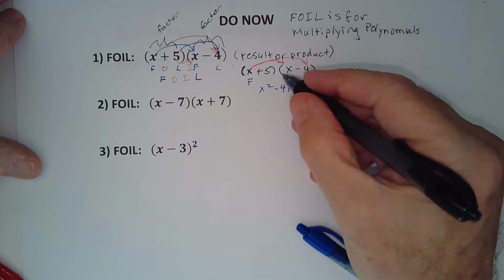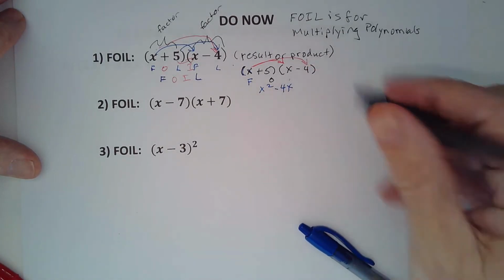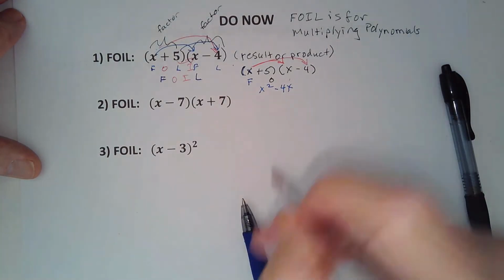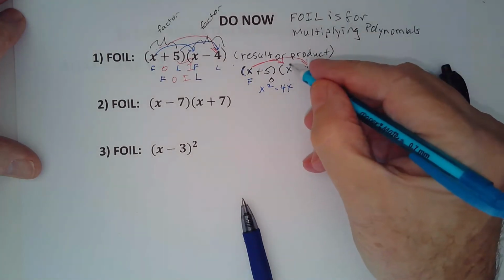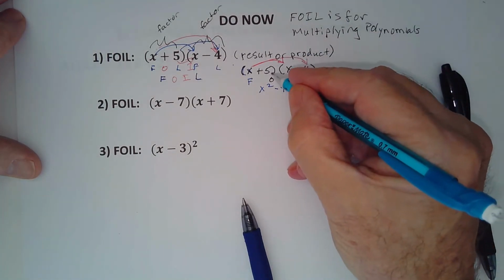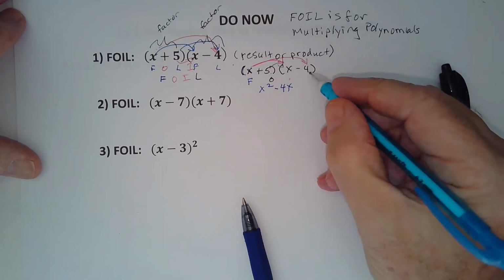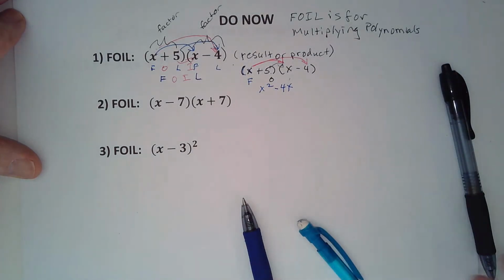And then inner to inner. So that's going to be, let's use red. No, let's use this. So outer to outer, inner to inner. So that's this. And last to last. So this is 5x. Let's write that out.